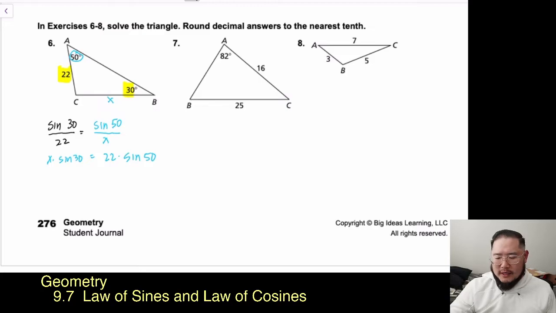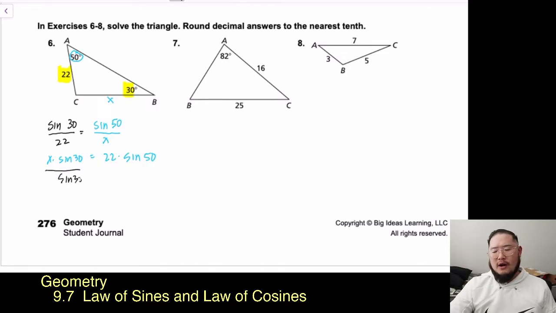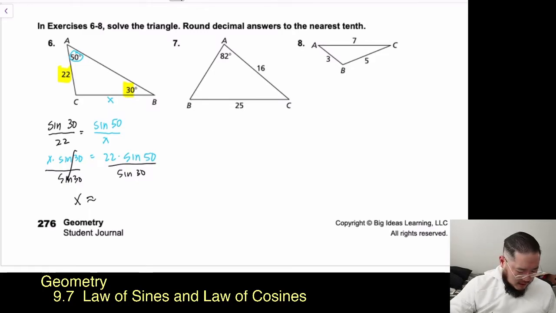We'll divide both sides by sine 30. So now use your calculator carefully, and you'll figure out that X, which happens to be C to B, is going to be equal to 33.7.